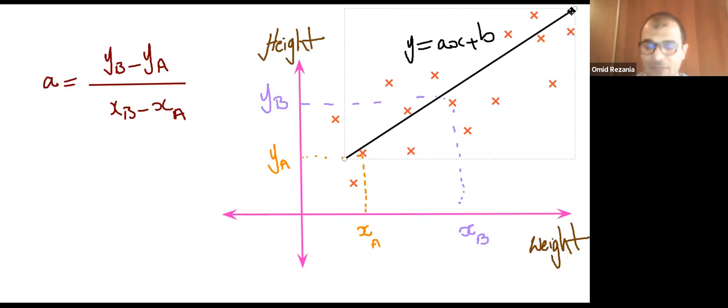We said that instead of finding a line which connects 2 points, now that we have 15 points and it's impossible to find a straight line as a secant line representing all these 15 points by connecting them pairwise, we find one line.